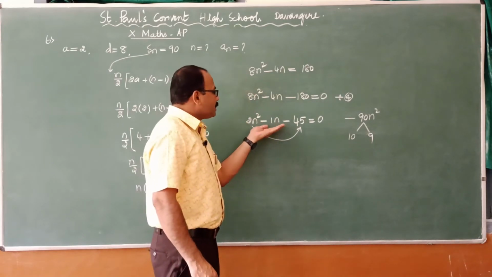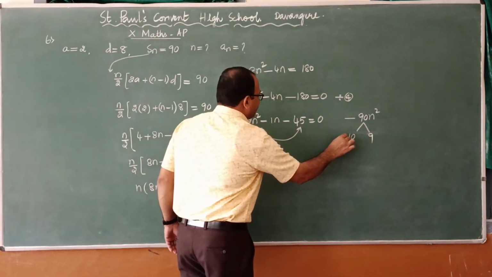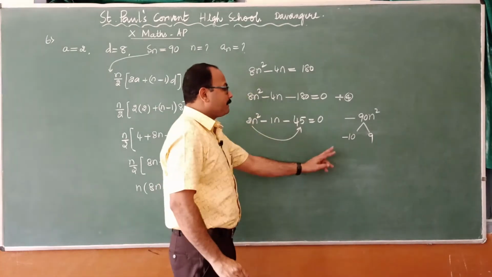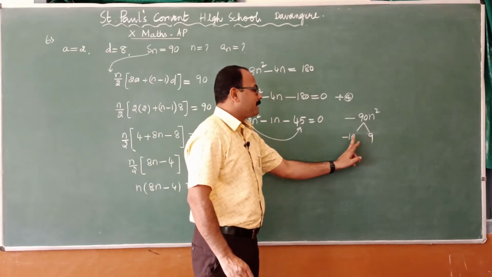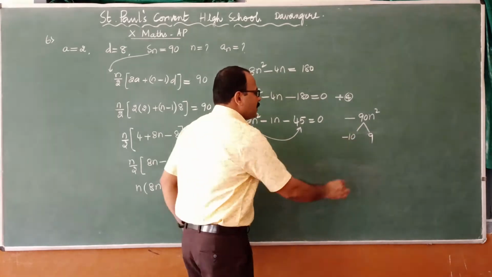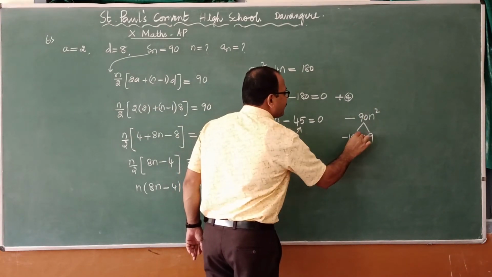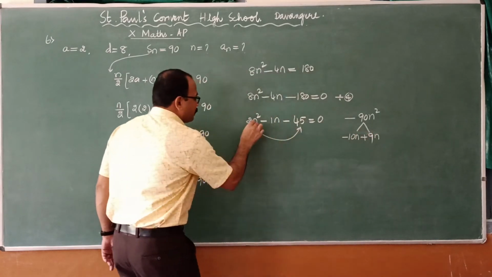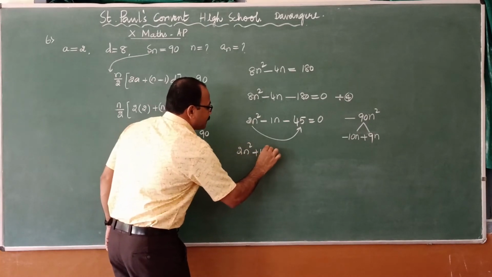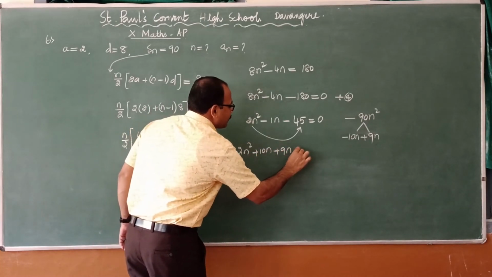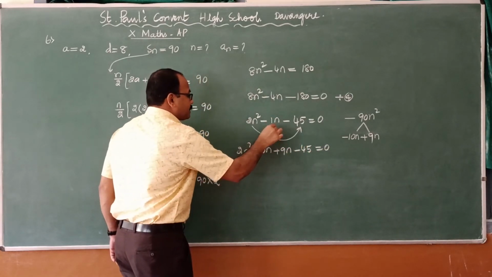Likewise, the middle number's sign is to be given to the greater number, the bigger number, minus. After giving this sign, children, check what sign can be given here, because if we multiply these two, we must get this. Therefore, we need to put plus here, because minus into plus is minus. Therefore its simplification becomes 2n square plus 10n plus 9n minus 45 equal to 0, children. See, this is splitting the middle term.